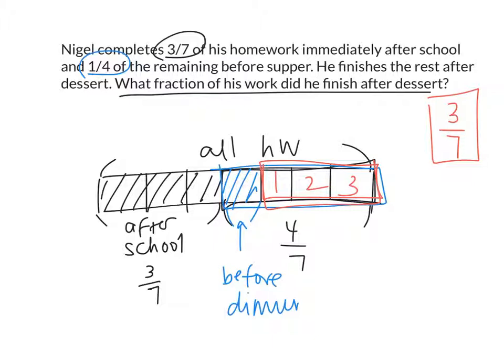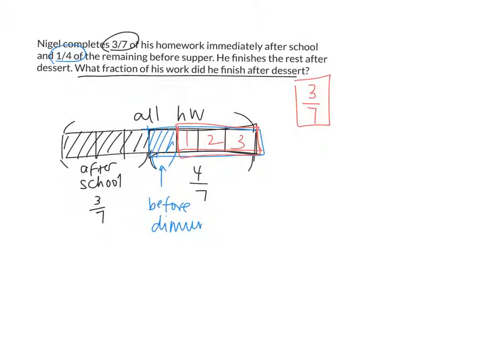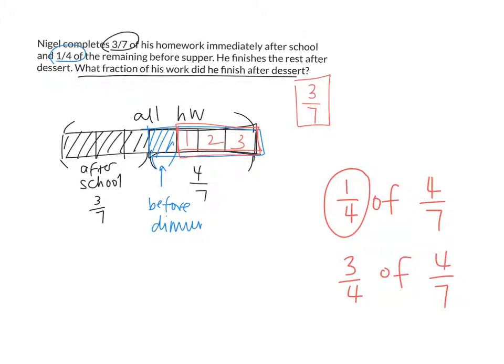Now, let's see if we can use numbers to achieve the same thing. When Nigel finishes 3 sevenths of his homework right after school, we can see that he has 4 sevenths left to do. And he does 1/4 of that remaining 4 sevenths before dessert, which means he has 3/4, because if he already did 1/4, he has 3/4 left of the 4 sevenths to do after he eats dessert.